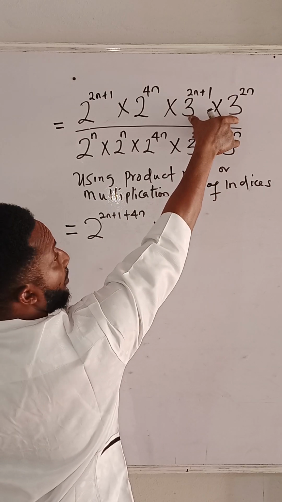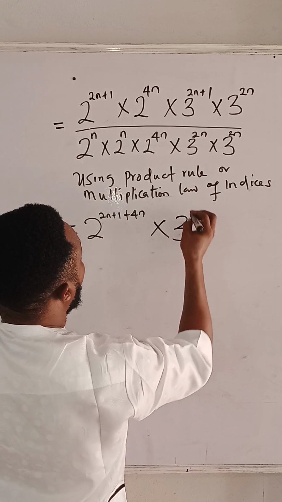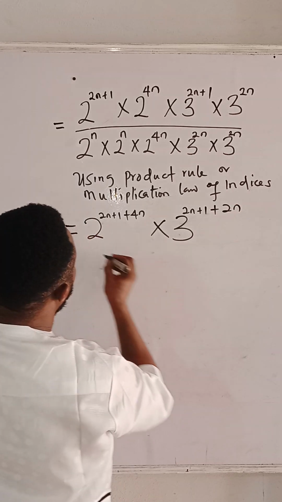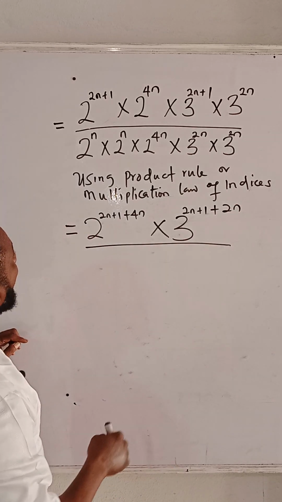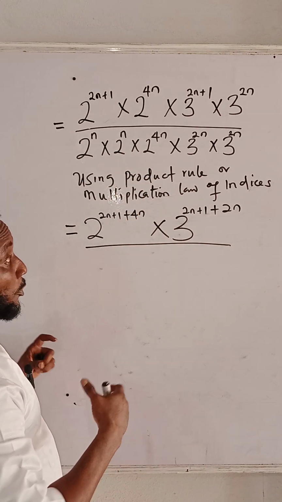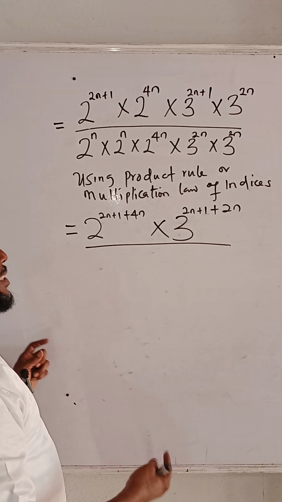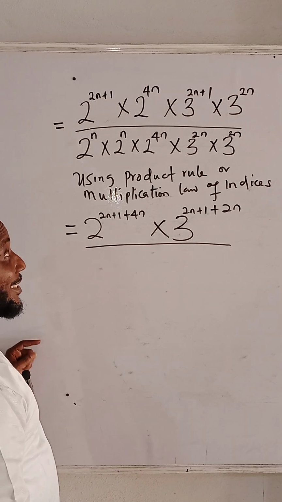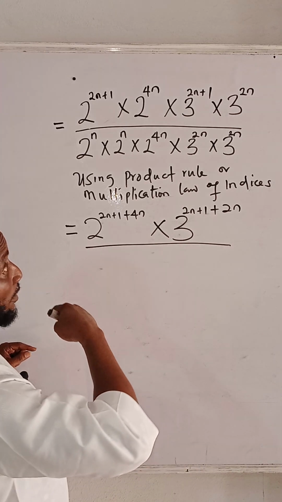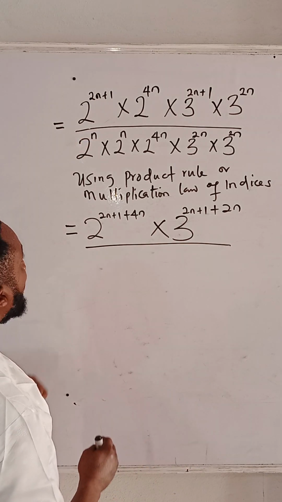If I use the product rule for these two here, that becomes 3 to the power of 2n plus 1 plus 2n, all divided by, here, regardless of the fact that there are 3, the product rule says that if two or more numbers of the same base, it is not necessarily 2, it could be 3, 4, having different exponents, retain the base and add the exponents.